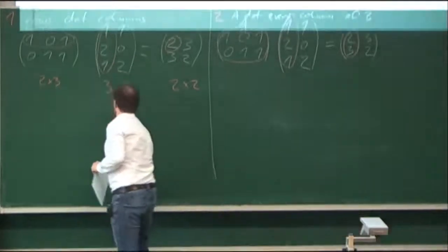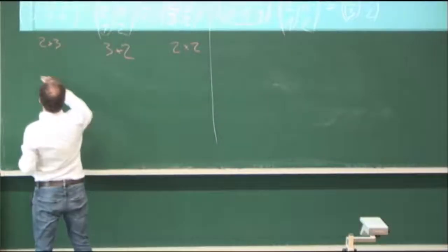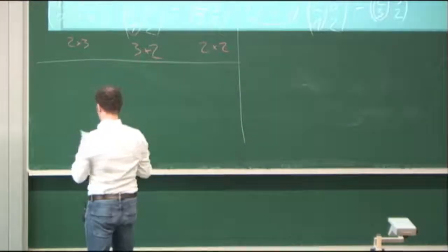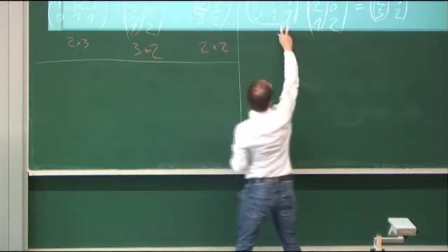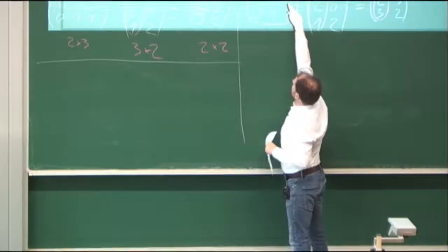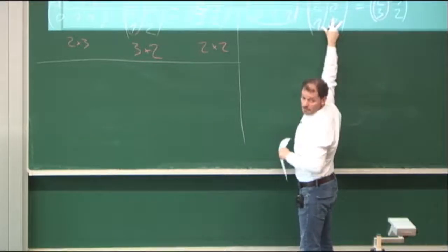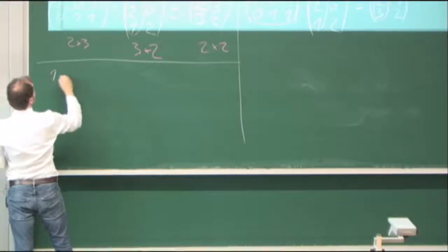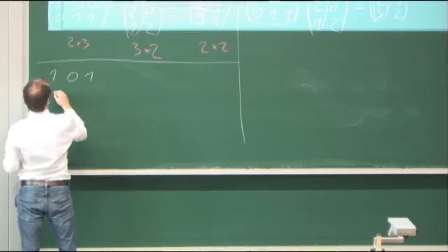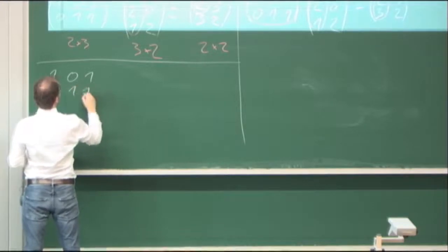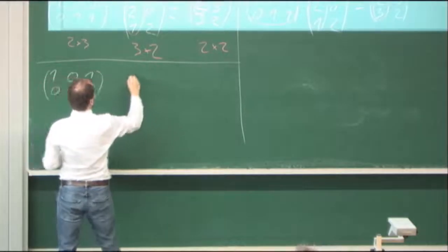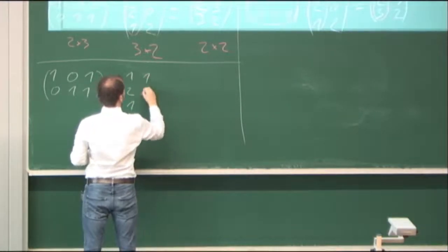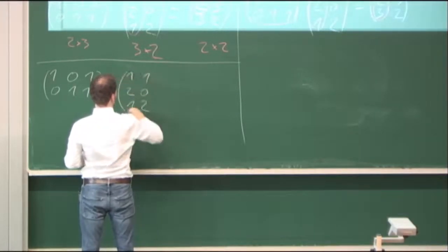Then there's three more perspectives. One is very similar to this one, but now you multiply each row of A with the matrix B. So it's the same matrices 1, 1, 0, 1, 1, and 1, 2, 1, 1, 0, 2.